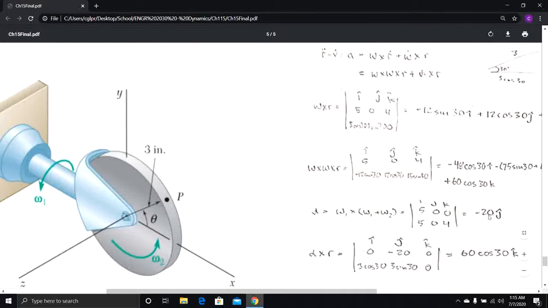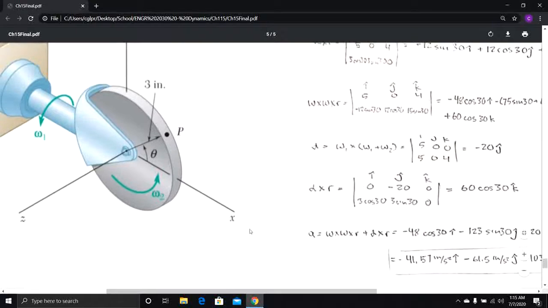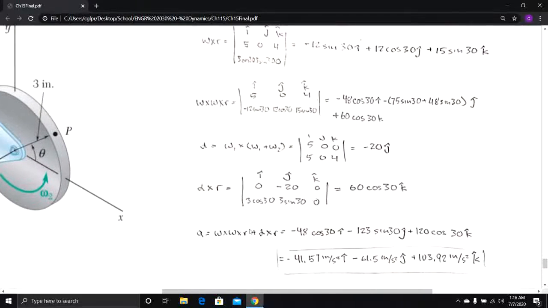I'm just not sure why it's negative 20 instead of just negative 5. That isn't very intuitive to me. It's something I've got to figure out.